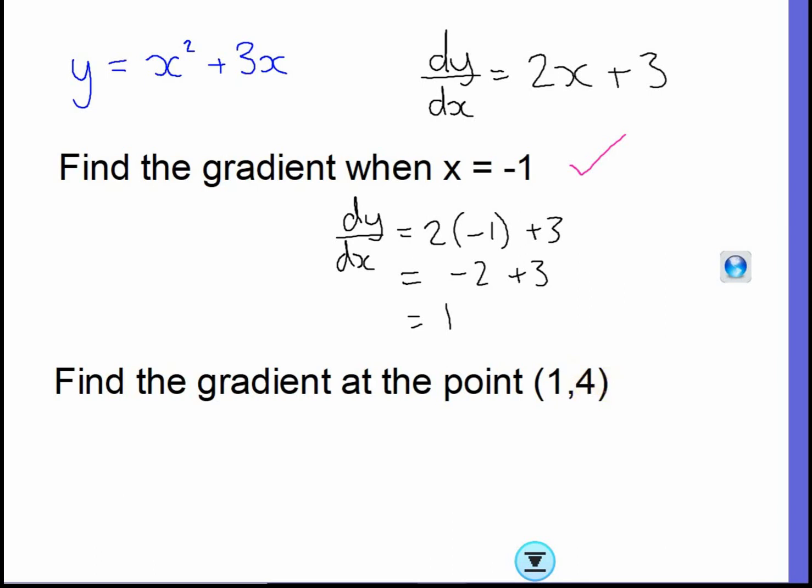But this is at a point when x is 1 and y is 4. On the gradient function, the only things we can sub in for are x values. So that's all we can do. So sub in 1 for x, so 2 lots of 1 plus 3, and we get 5.